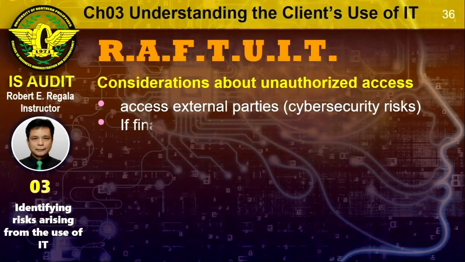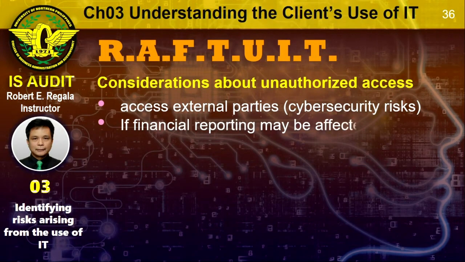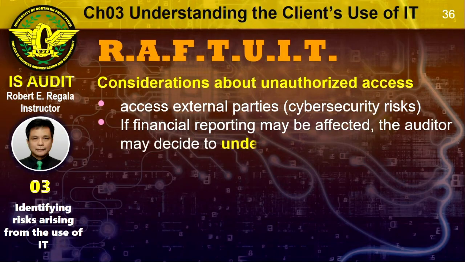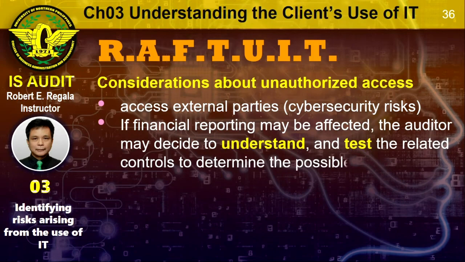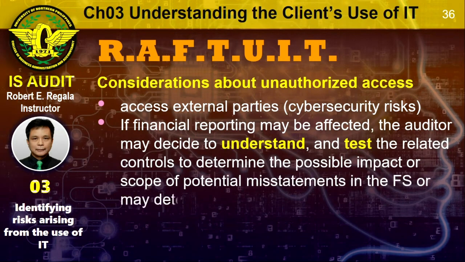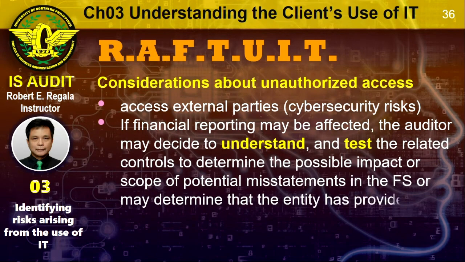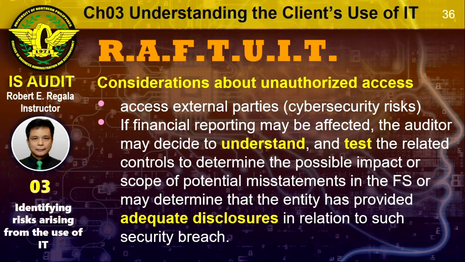If financial reporting may be affected, the auditor may decide to understand and test the related controls to determine the possible impact or scope of potential misstatements in the financial statements, or may determine that the entity has provided adequate disclosures in relation to such security breach.